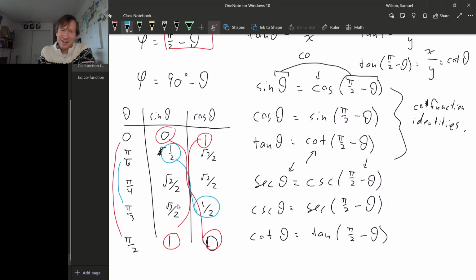And of course, sine of pi over 3, which is root 3 over 2, should be the same as cosine of pi over 6, and yes, that's true. And then finally, pi over 4 is complementary to itself, since pi over 4 plus pi over 4 is pi over 2. And so sine of pi over 4, which is root 2 over 2, should be equal to cosine of pi over 4, and it is.